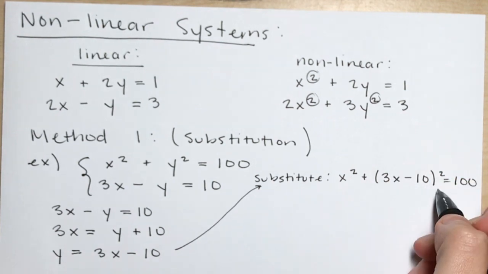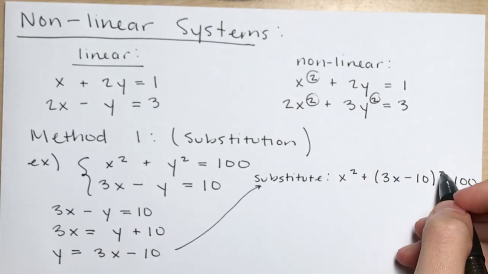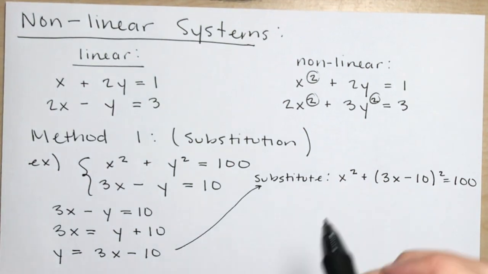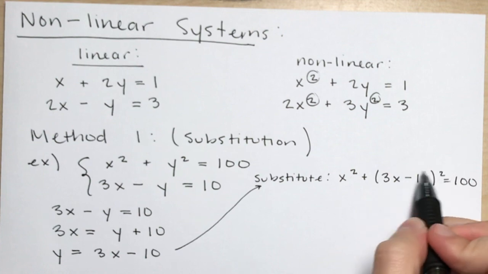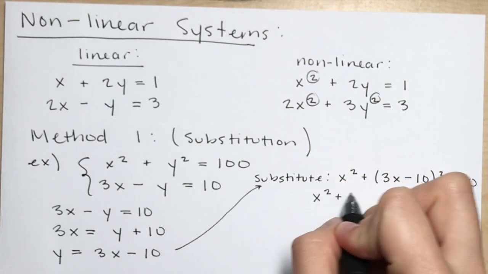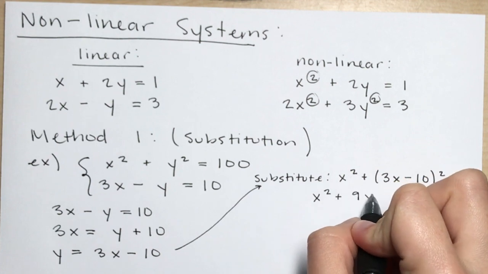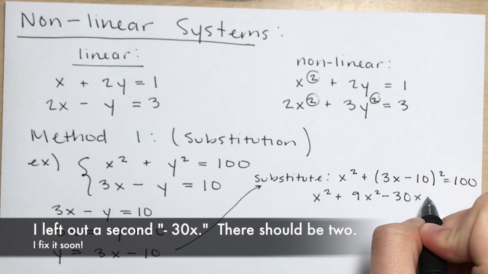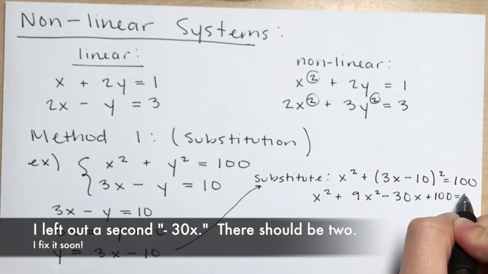Definitely always remember these parentheses. If we didn't have the parentheses, we would have something very different. We have to FOIL here to simplify. So x squared plus, we get 9x squared minus 30x plus 100 equals 100.